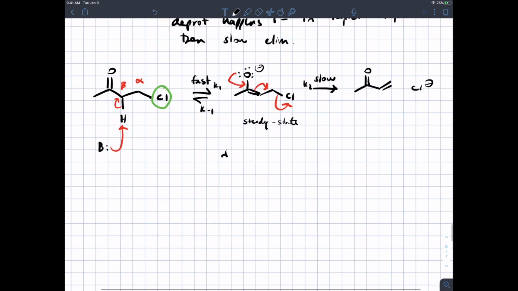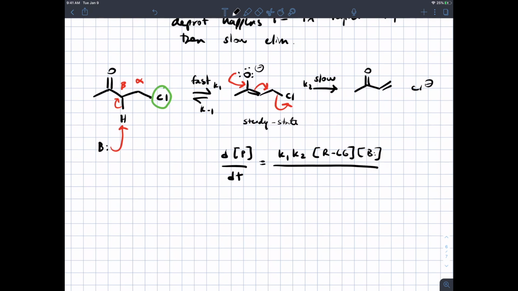And if you do that and go through the math, which you should already know how to do, we don't need to recapitulate here, one of the things that you see is now the base is involved in the equilibrium, and the conjugate acid of the base is also involved.